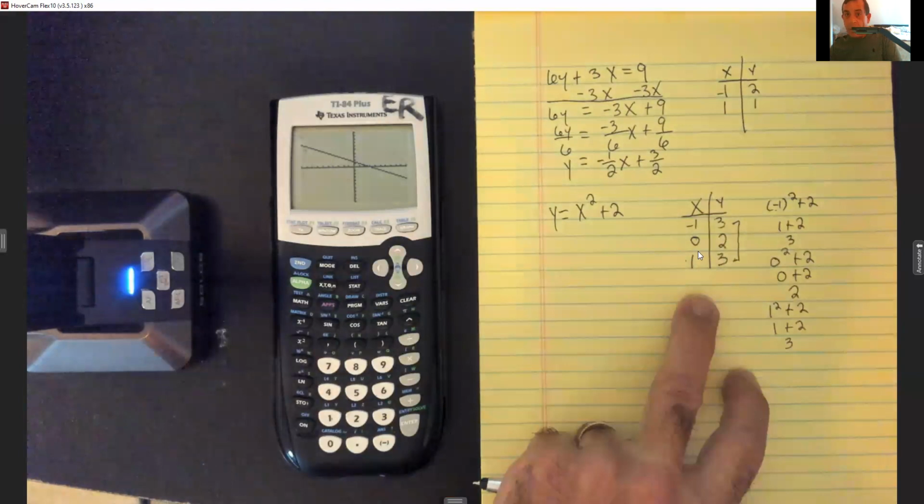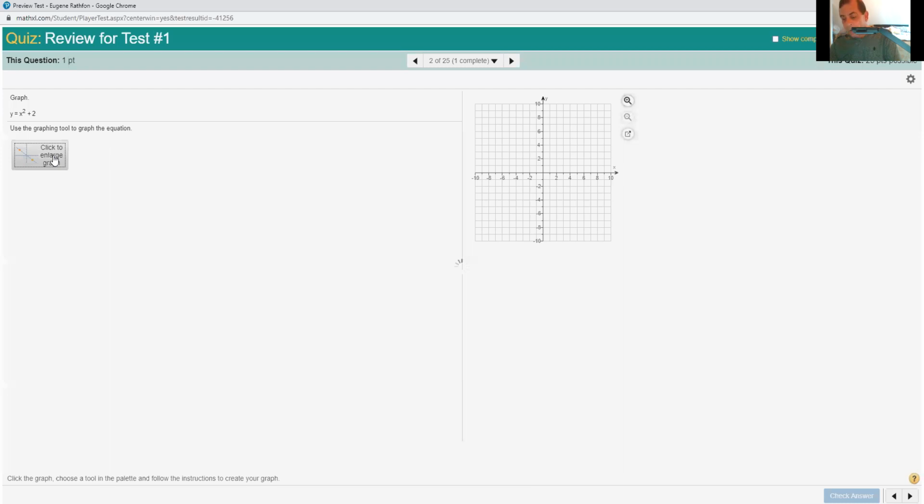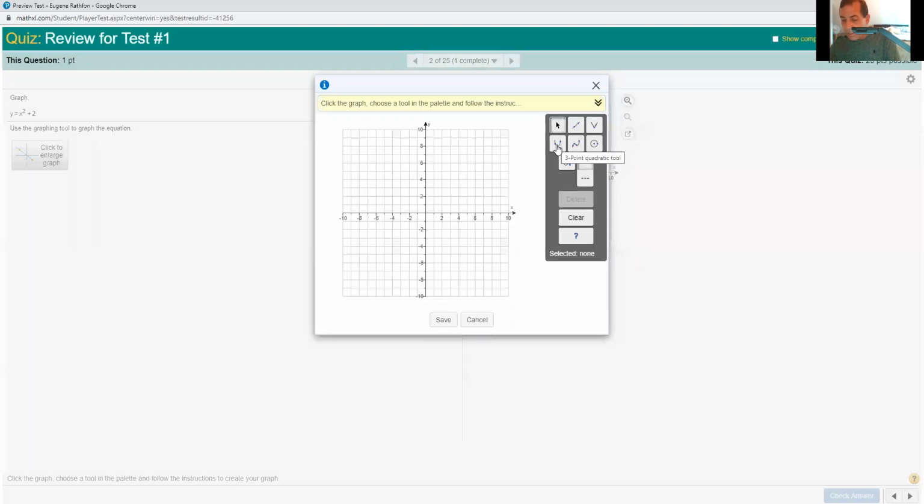So let me go back to the test. So I'm going to click on the graph. Now on the x squareds, you need this quadratic graphing tool. So click it. And remember, the first point I got to plot is the 0, 2, because that's the center of it. So I go up 0, 2, click that. Then I'm going to go on the left side and plot -1, 3.